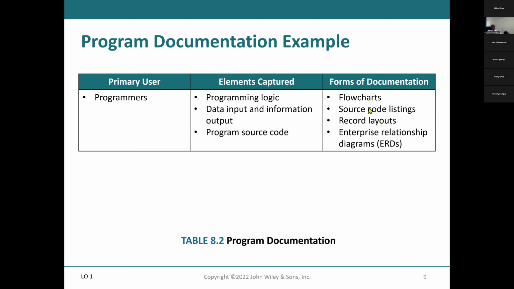Again, you would document it using the same techniques we talked about earlier, flowcharts and entity relationship diagrams. In addition, whatever the program is, the code can be written out or listed, source code listing, and then record layout, which would be the database related information.